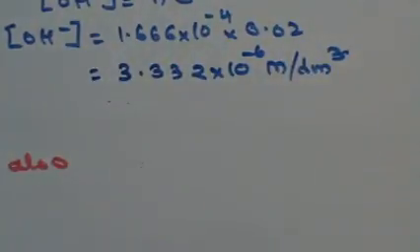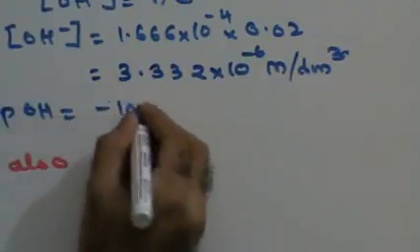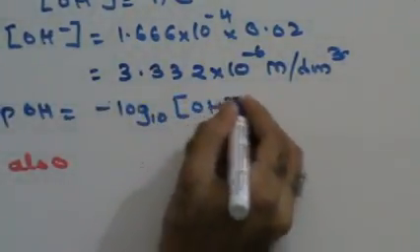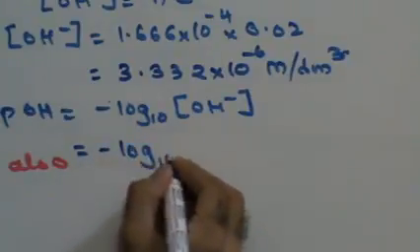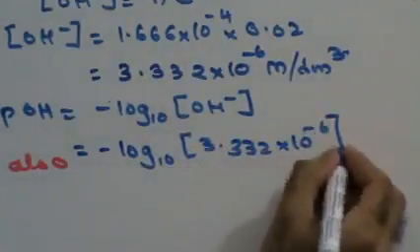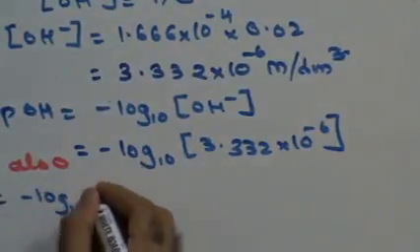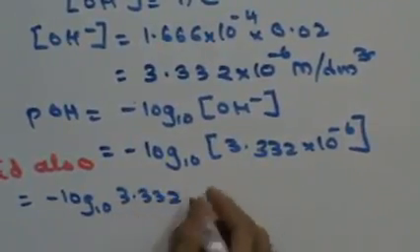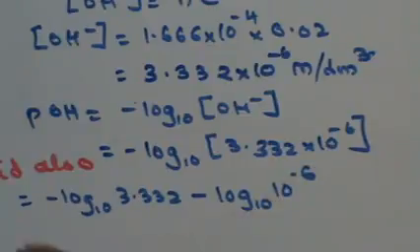Once you find this, then you can find out pH. You will get pOH. pOH is negative log to the base 10 of hydroxyl ion concentration. Right? This sum practically uses everything that you have done in the chapter. So that's going to be negative log to the base 10 of 3.332 into 10 raised to minus 6. This can be written as negative log of 3.332 minus log of 10 raised to minus 6.